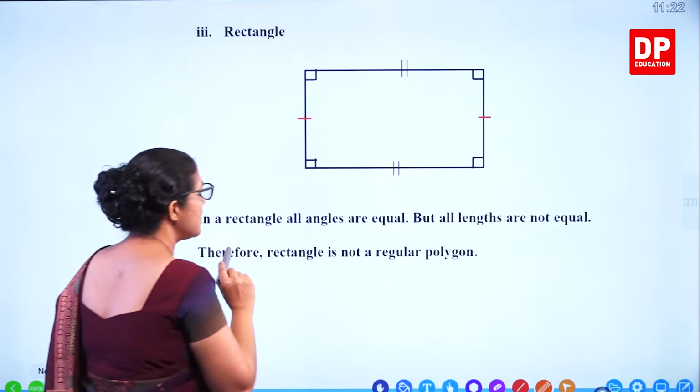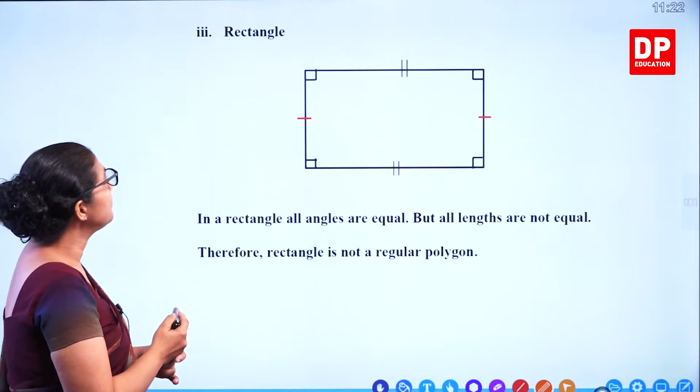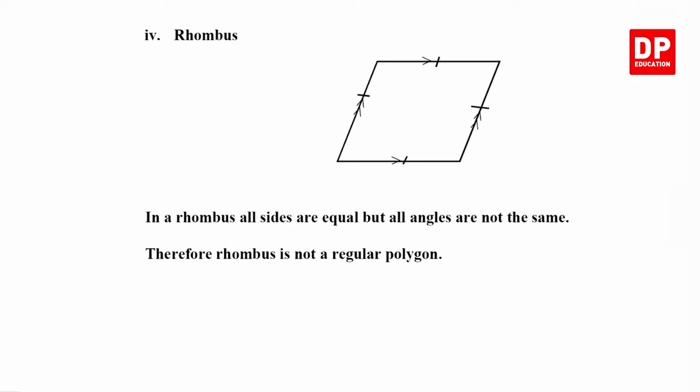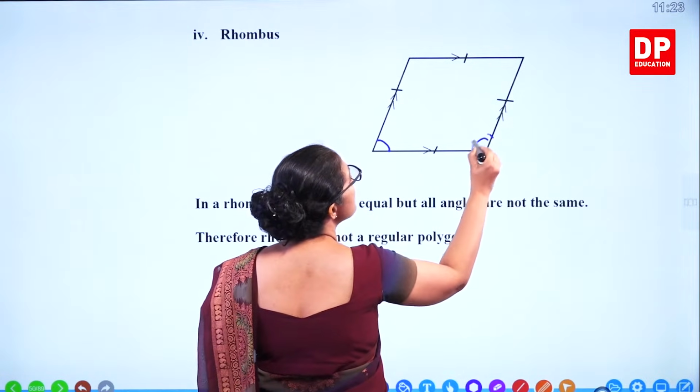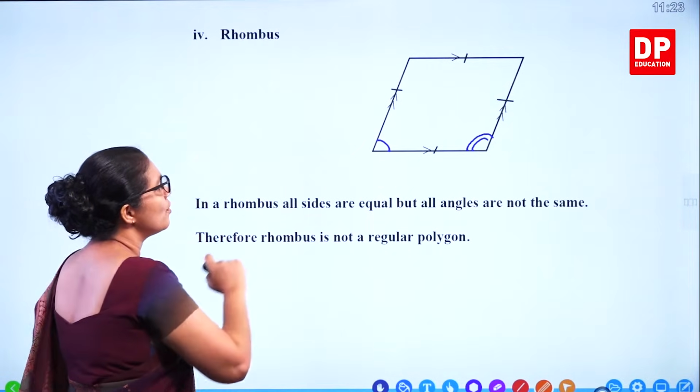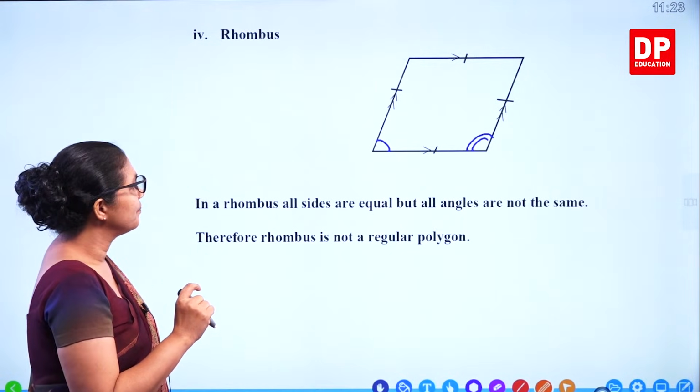So that means a rectangle is not a regular polygon. Rhombus, all sides are equal, but all angles are not the same. This is another angle. So this is not a regular polygon.